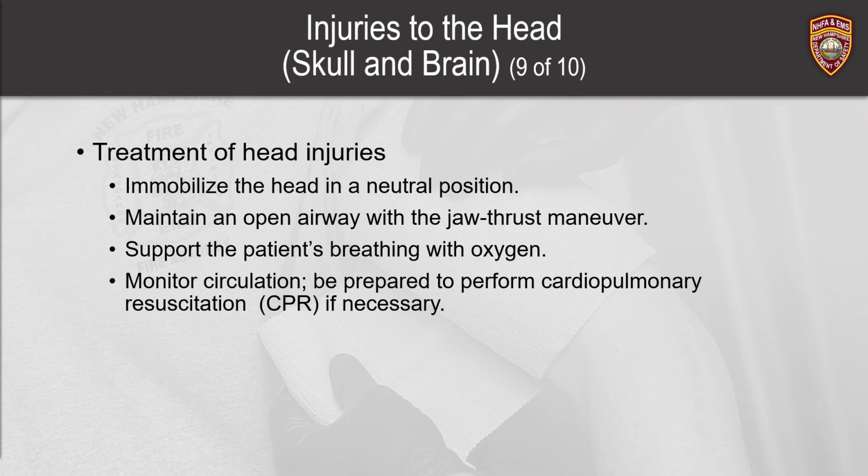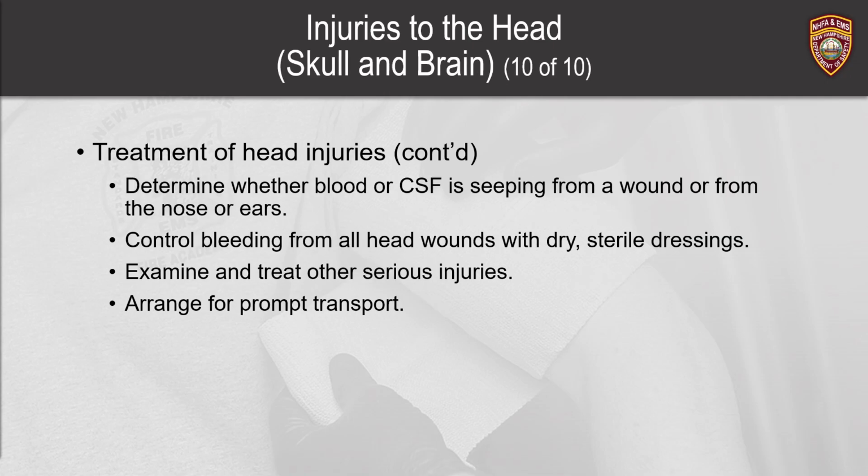If the patient is nauseous and begins to vomit, we want to be prepared with our suction devices. We want to be prepared to support the patient's breathing, either by administering supplemental oxygen or, in the case of inadequate breathing, providing artificial ventilations with a bag valve mask. And then, of course, if the patient goes into cardiac arrest, we want to do CPR.